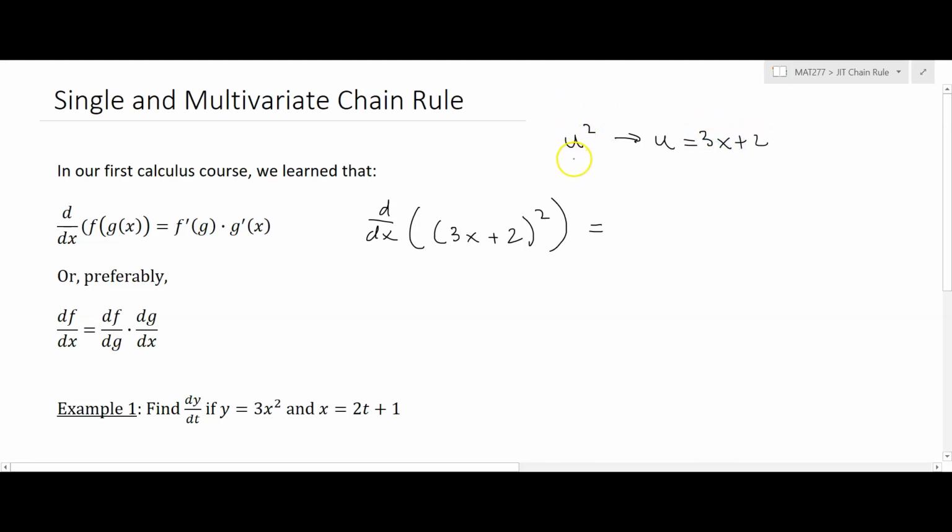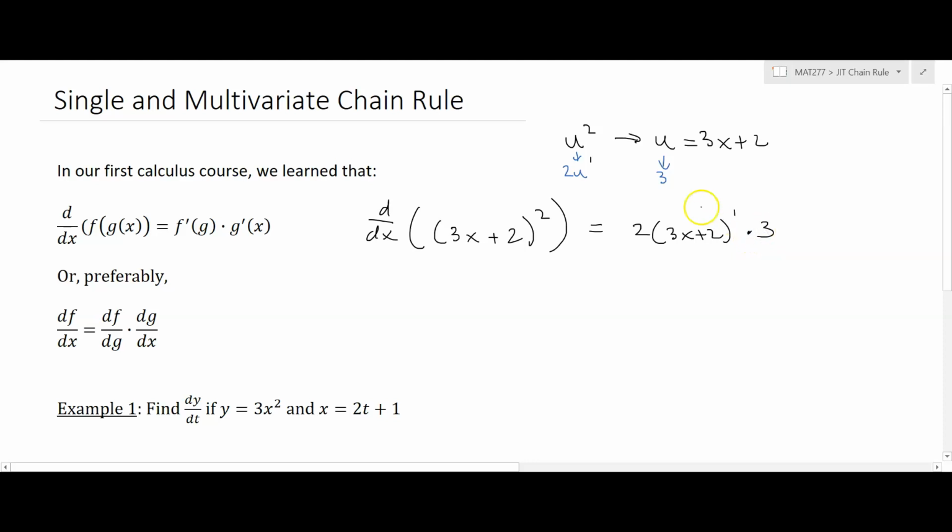The derivative of u squared is 2u, and the derivative of u = 3x + 2 is just 3. So when we multiply these back together, and of course not using u, but using what u represents, then 2 times u would be 2 times (3x + 2) to the first power. So we basically use the power rule there. And then the derivative of 3x + 2 is 3.